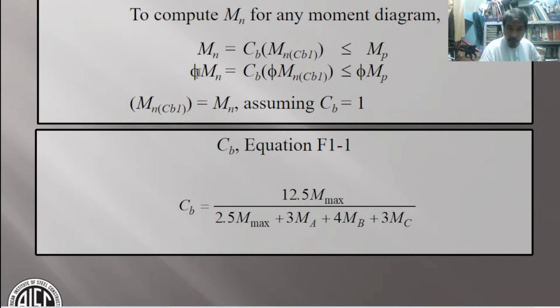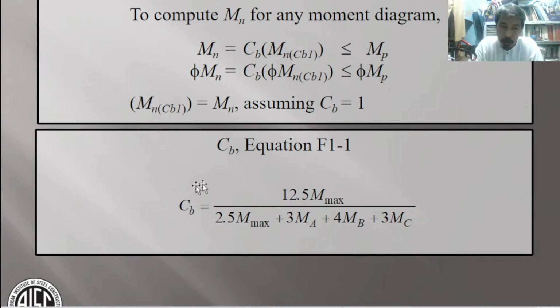So phi Mn, the design strength or design moment, is equal to CB times the quantity phi Mn at CB equal 1, and it must also be equal to or less than phi Mp. Here Mn at CB equal 1 is Mn assuming CB equals 1. So it just depends on CB.